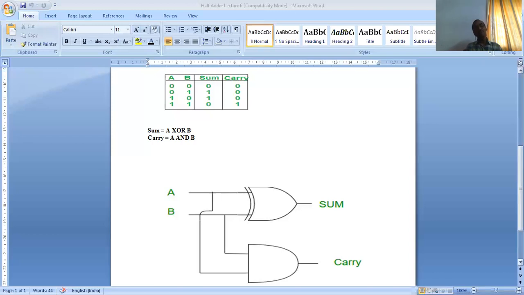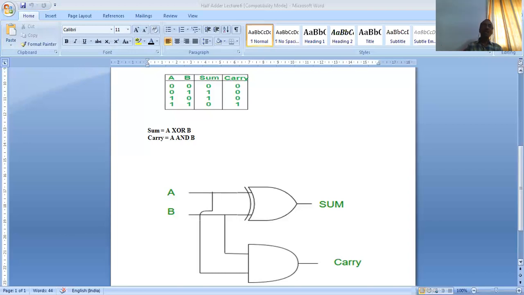What is the difference between half adder and full adder? In the case of half adder, only two inputs are used, while in the case of full adder, instead of two inputs, three inputs are used.